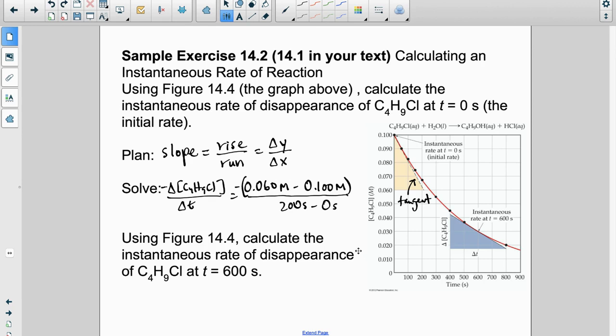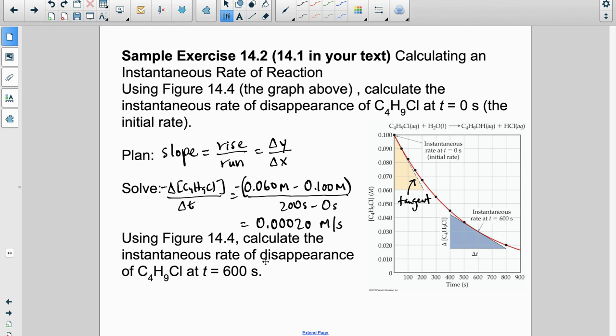When we divide this out, we get 0.0002 molarity per second. I will try not to make all the math errors that I did today in class.